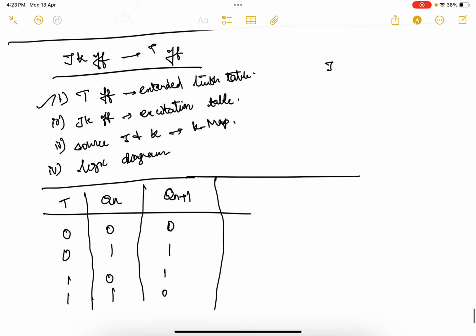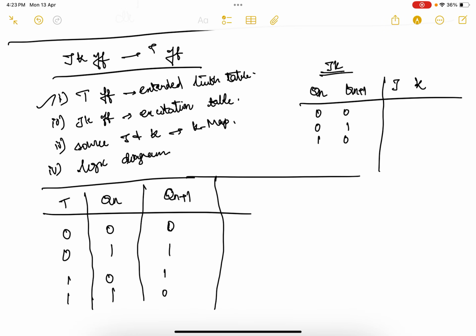Then the excitation table for JK. So how will we draw the excitation table for JK? Qn, Qn plus 1, and what will be my J and K. So Qn plus 1 can be 0 0 or 0 1 or 1 0 or 1 1. So here it will be 0 x, and this will be 1 x, then x 1, and x 0.